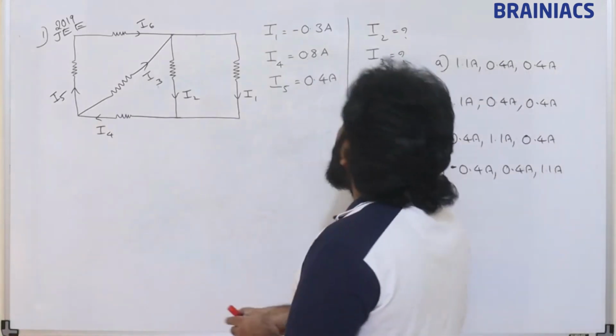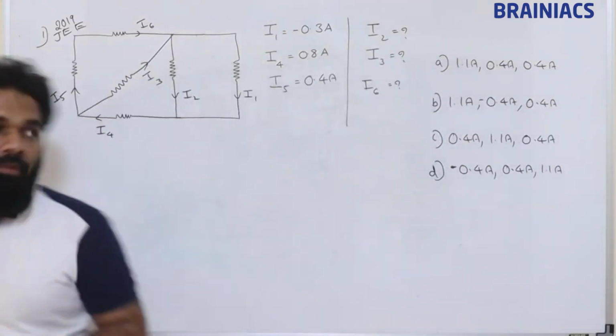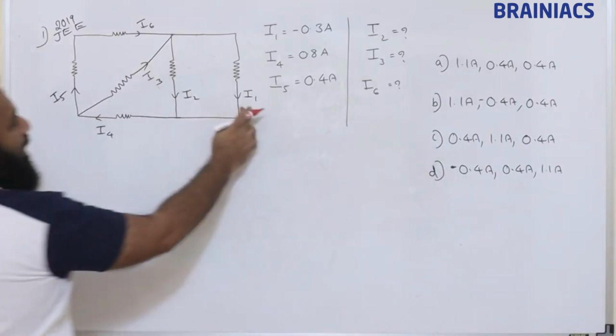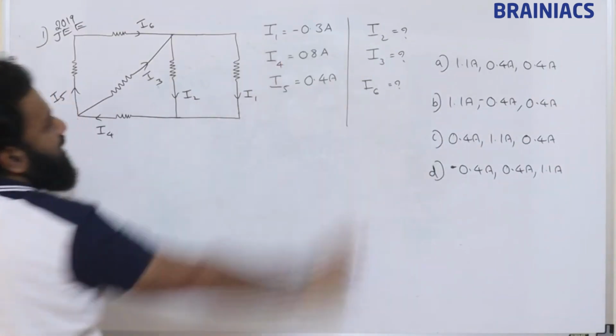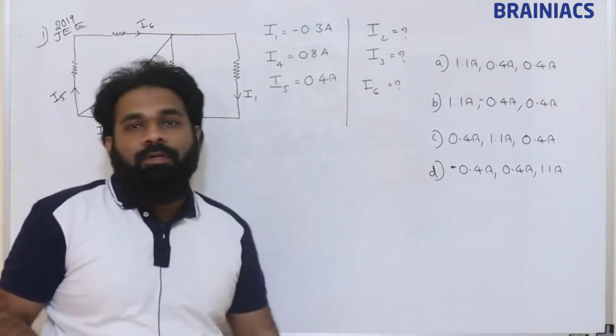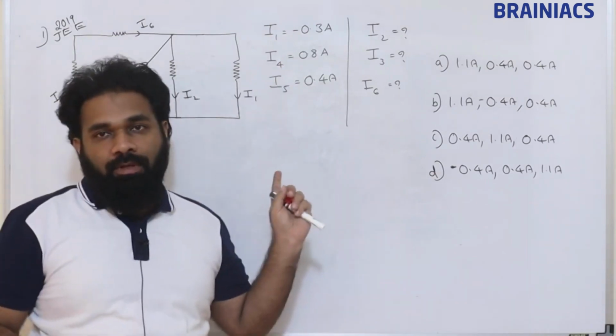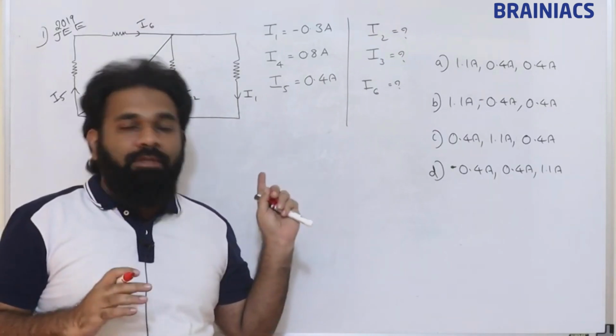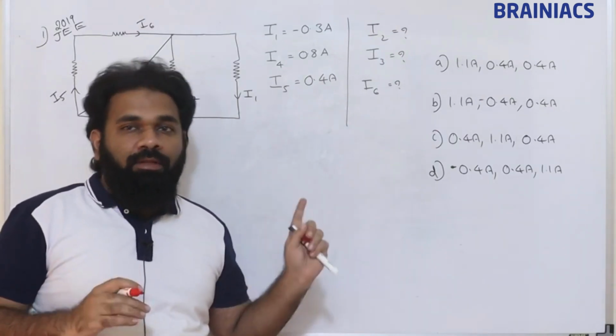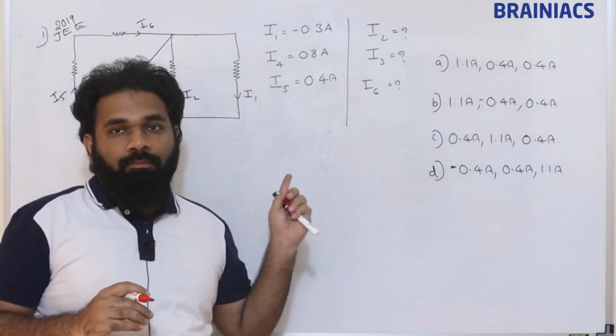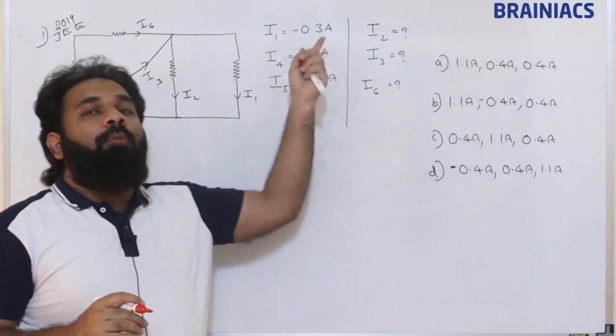I will try. Now I1 is given as minus 3 ampere. Dear students, if they give minus 3, that means whatever direction is given in the diagram, the real direction will be opposite to that.